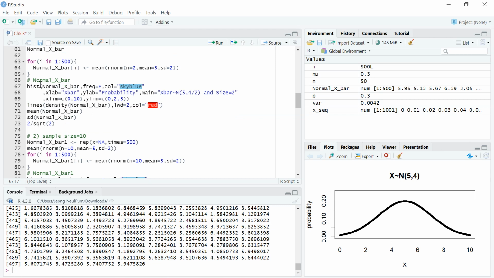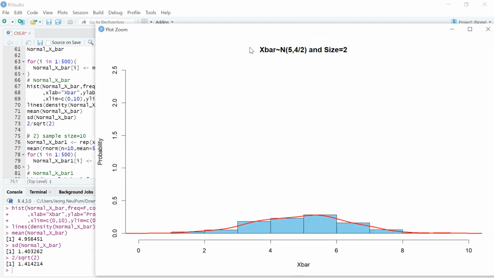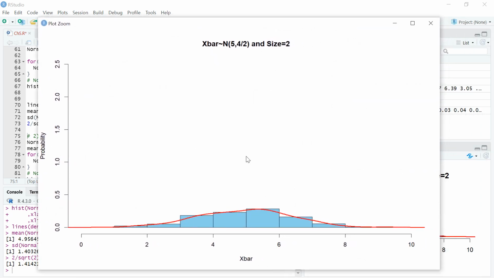So this is just for plotting our normal x bar to see the distribution. You can see that it has some distribution, but it is not good. We cannot say that this is a good enough normal distribution because the sample size is too small, which is 2.